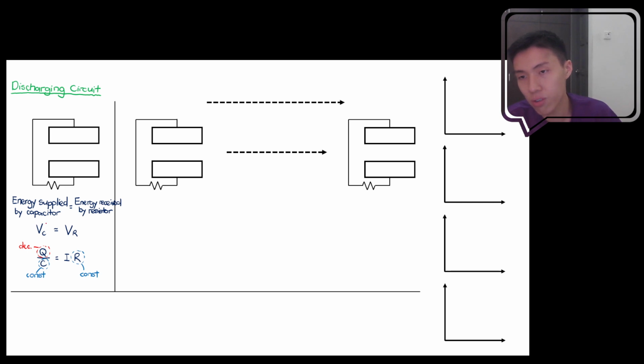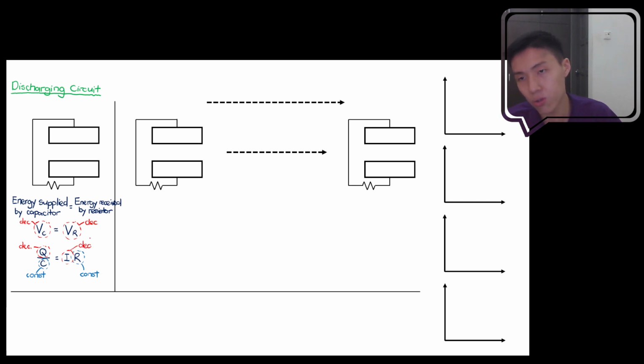So the decrease of Q will result in our voltage across the capacitor decreasing, okay? Because you have C which is constant and Q which is decreasing, so overall Q over C here will be decreasing. So you know that it's equal, that means VR over here should be decreasing as well. So if VR is decreasing, and we know that R is constant, then what must be decreasing is the current. So the current over here should be decreasing.